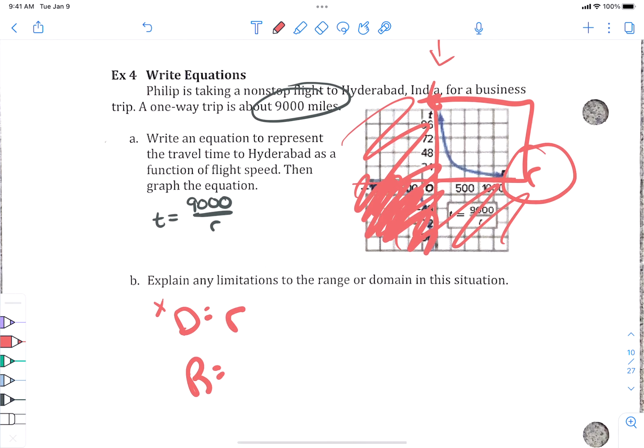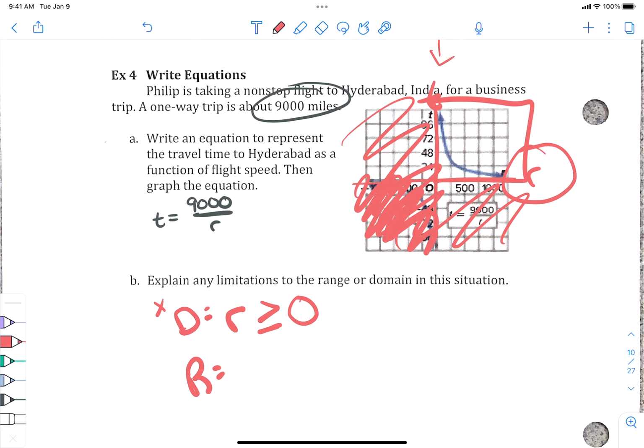So the rate has to be greater than what? Can it be equal to 0? Could you be going a rate of 0 miles per hour? I mean, you could. You're not going anywhere though. It's like before you take off, you're going a rate of 0.